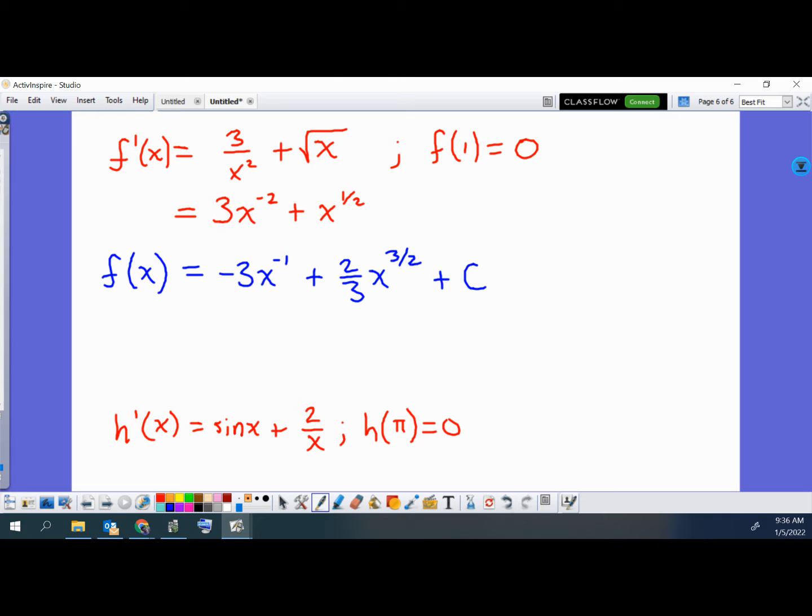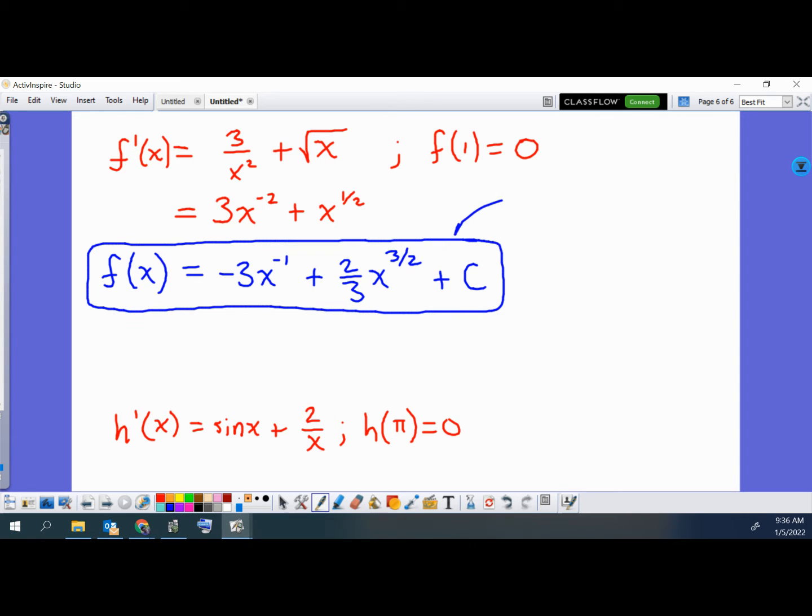Anyway, yeah, that's right. This is called the general antiderivative right here. And the reason it's a general antiderivative is because it has the plus c. It has this unspecified constant of integration, right? So it's actually a lot of different functions.